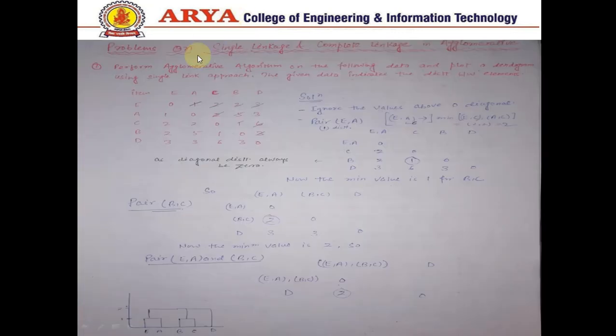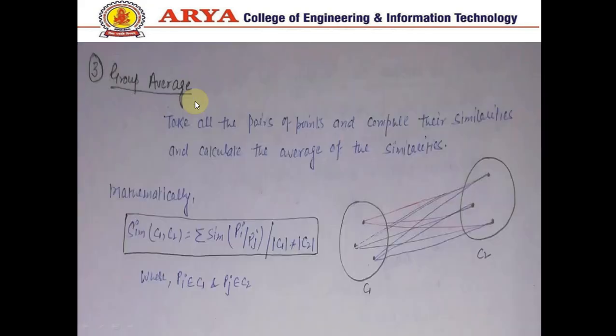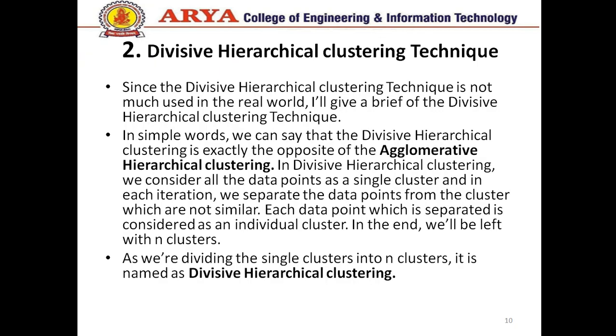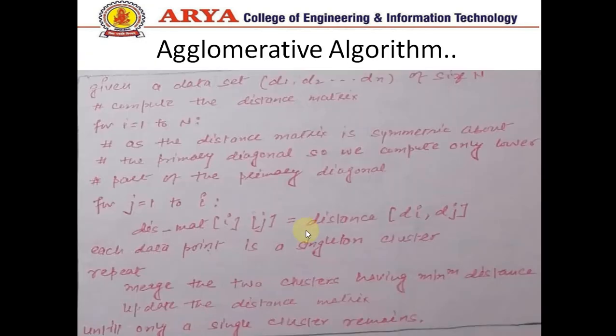We have the values, but since it is a symmetric matrix, there is no need to consider these values. Then we put another loop, and each data point is a singleton cluster. Repeat this process until the cluster having minimum distance is merged and a single cluster is formed.